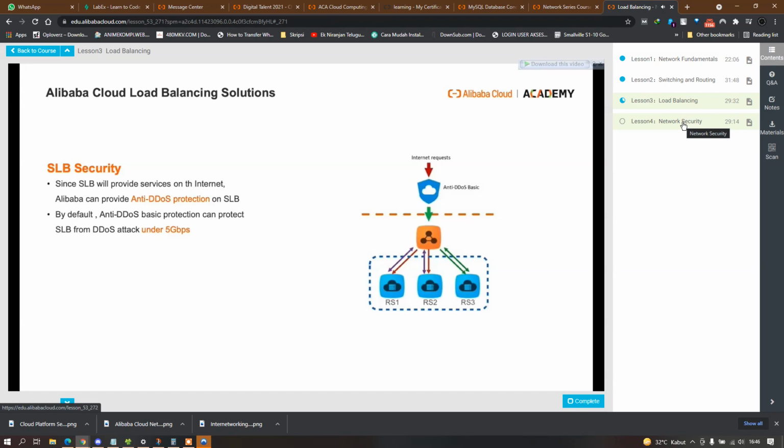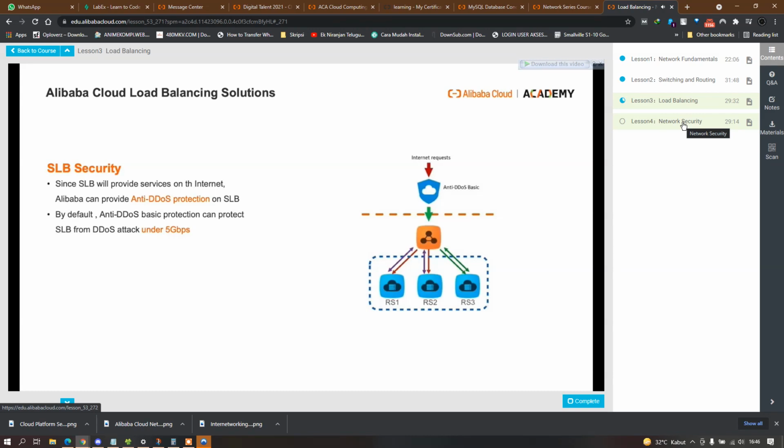Since SLB will provide service on the internet, Alibaba Cloud will provide anti-DDoS protection on SLB, which means any DDoS detection on the internet IP address of the SLB will be protected by Alibaba Cloud.